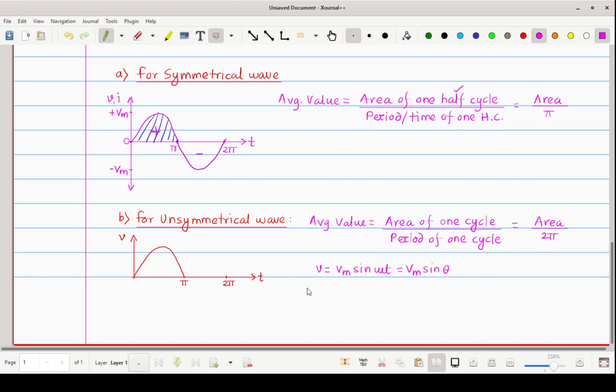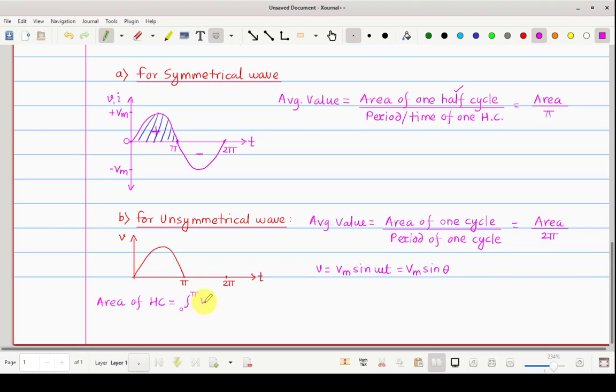So what is the area? The area of this half cycle is calculated by taking integration. Suppose you are calculating the area for half cycle. Your half cycle starts from 0 radian and ends at pi radian. So your starting limit is 0 and your ending limit is pi.